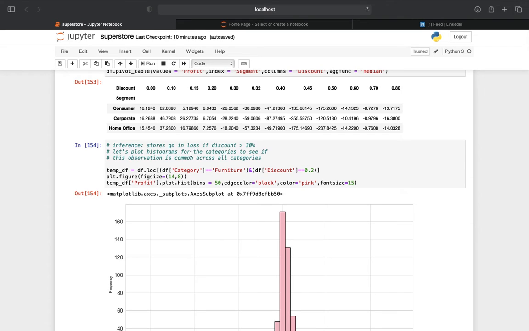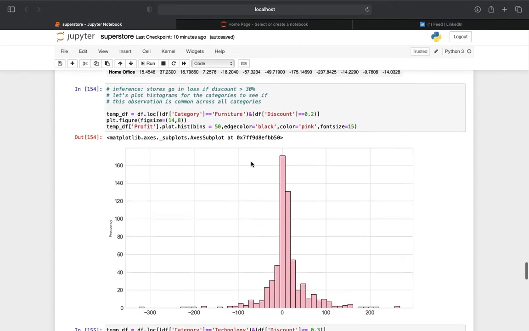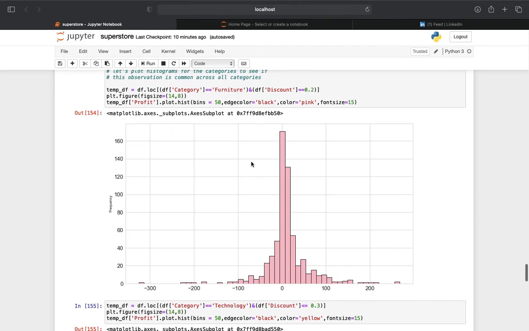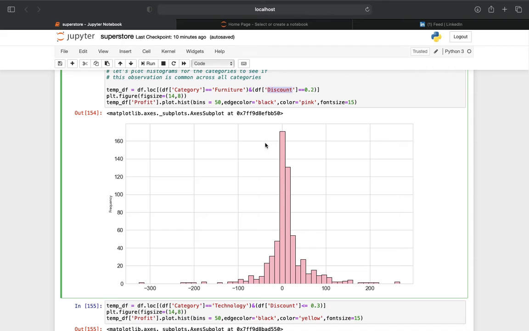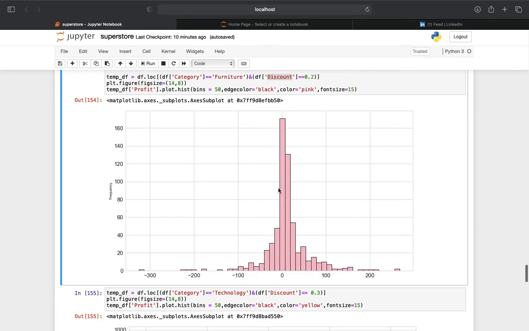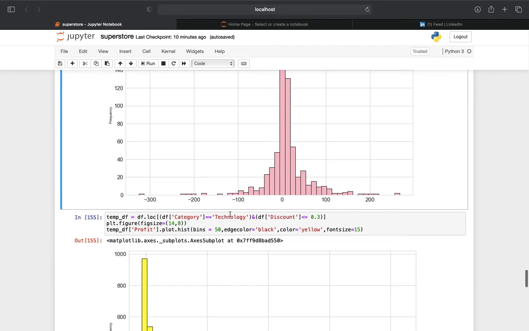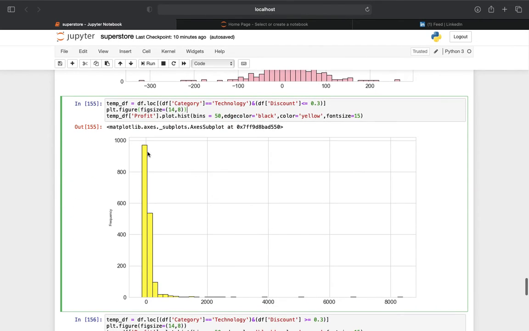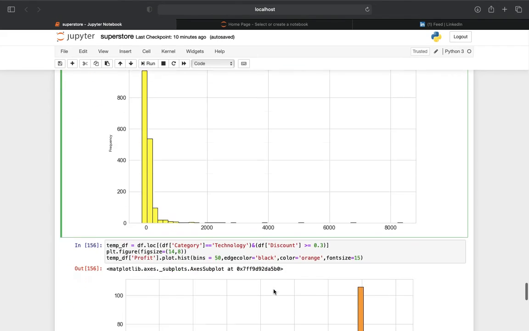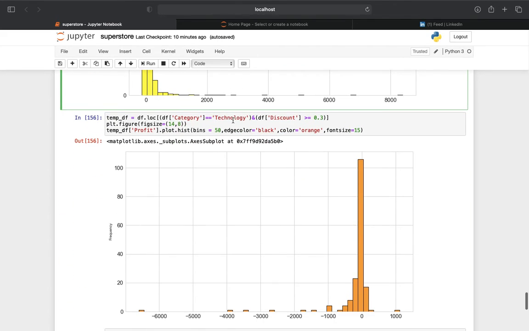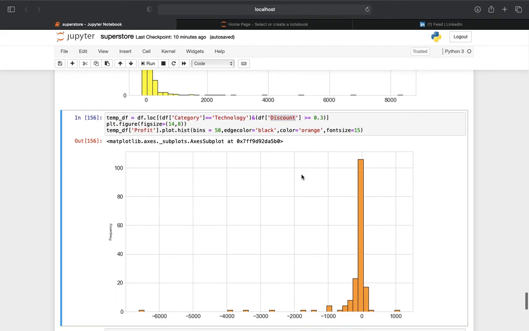To see if this works for all the categories, I plotted histograms. The first one was for the furniture category and discount equal to 0.2, and this was the graph. For the technology category and discount lesser than 0.3, this was the graph, and for the technology category greater than 0.3, this was the graph.